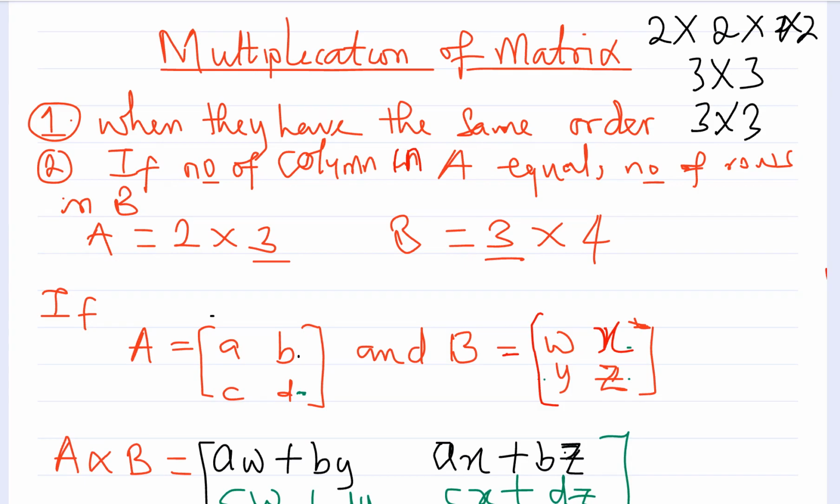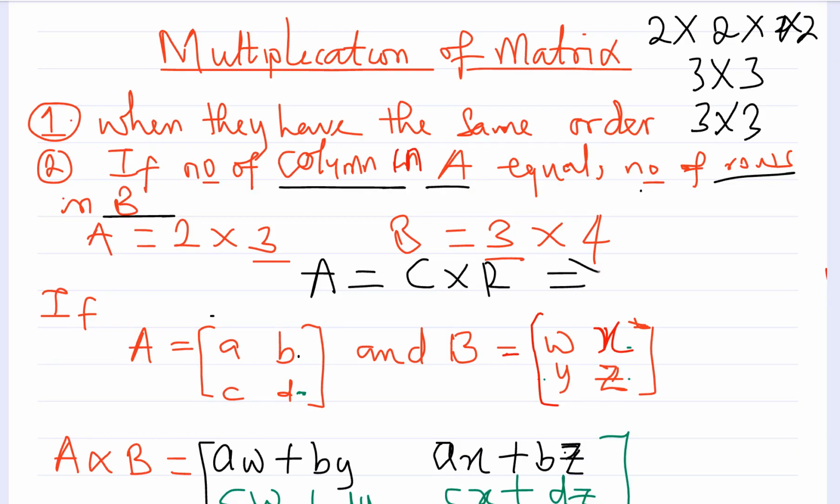Another case of multiplication is when the number of column in matrix A is equal to the number of row in matrix B. So that's why we say that A is of order what? For multiplication, it is column by row, or you say what?